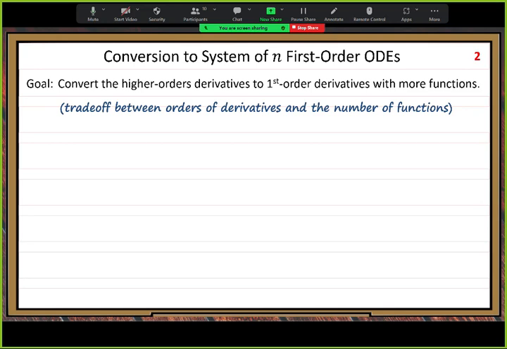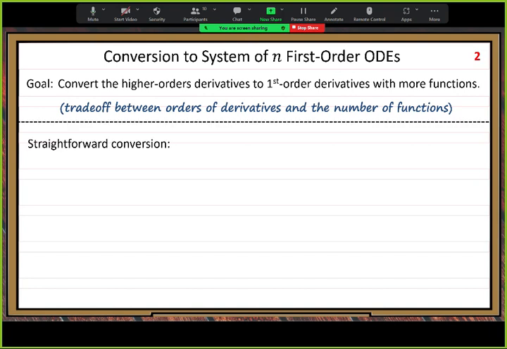Although you may argue we use more functions, we will get a linear system. We know linear systems. That's a nice structure. We have so many mathematical tools that can help us solve linear systems. So that's a nice conversion.